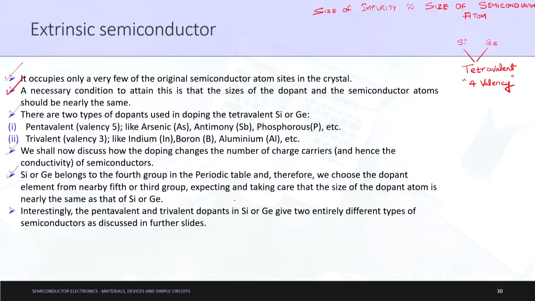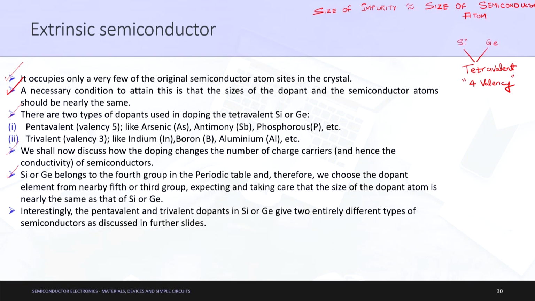If we replace the silicon atom at this position with a trivalent or a pentavalent dopant, then only if the size is the same will it fit in that position. If the size is larger, it cannot be adjusted in the vacant space from which we removed the silicon atom. That is why the size of the pentavalent or trivalent atom should be nearly the same as that of silicon or germanium.